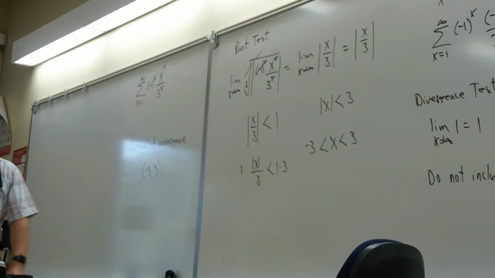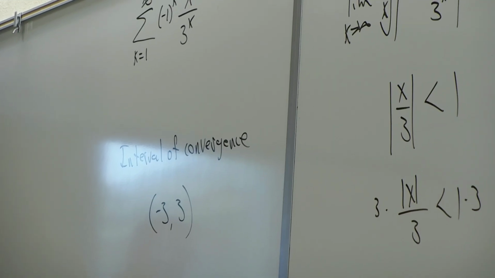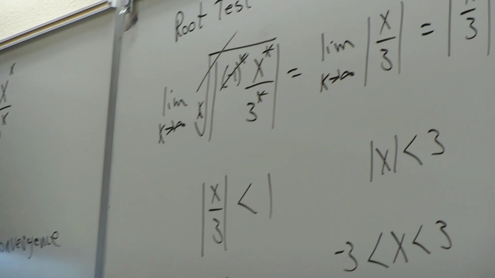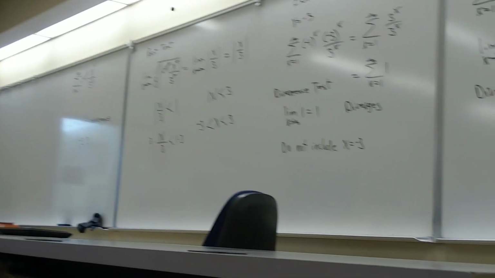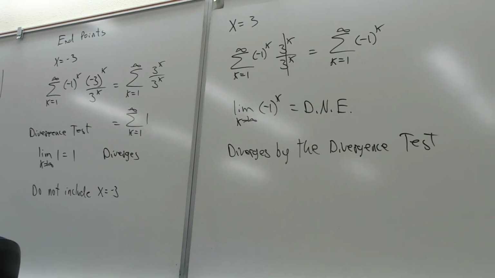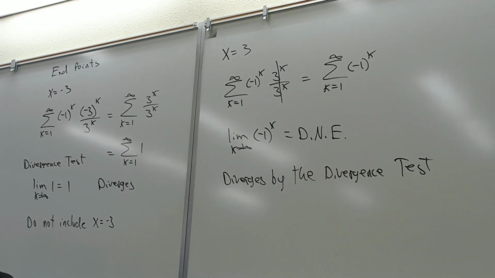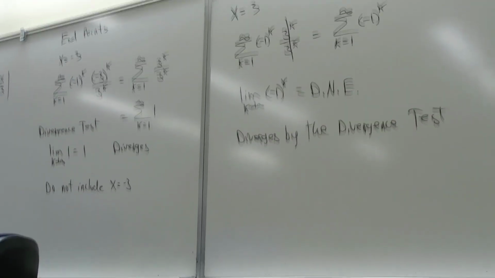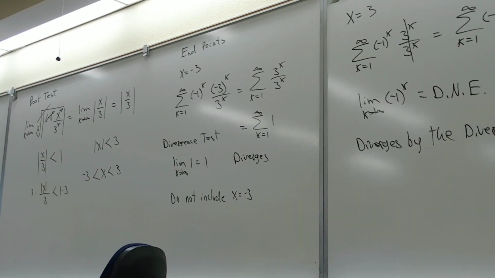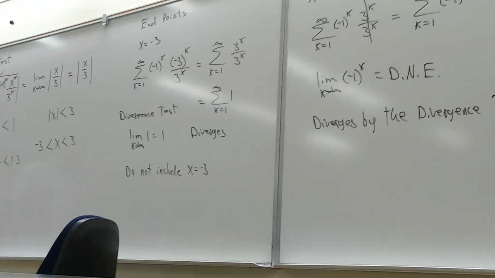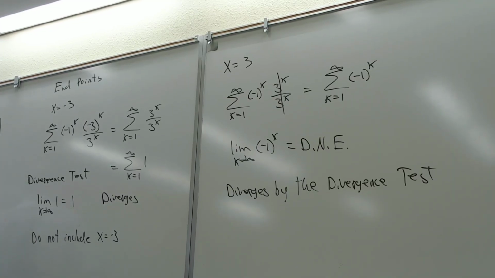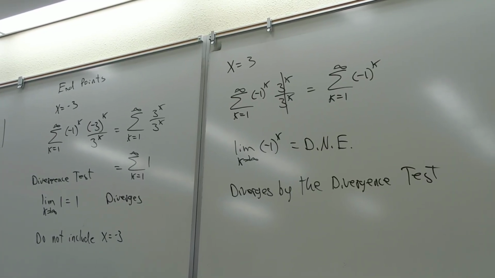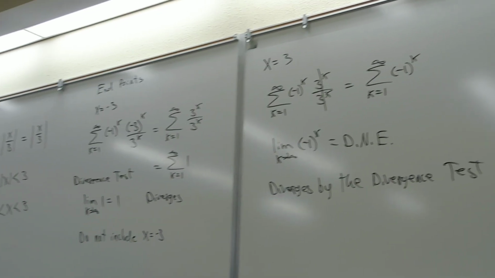So any questions here? Did you do the proofs as well, or do we have to also do the proofs? Technically, yes, you need to do that. If all you do is tell me it diverges at x equals -3, how do I know you didn't just guess, or see it on your neighbor's paper?